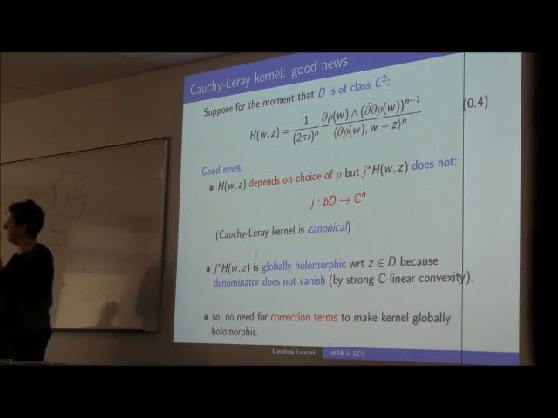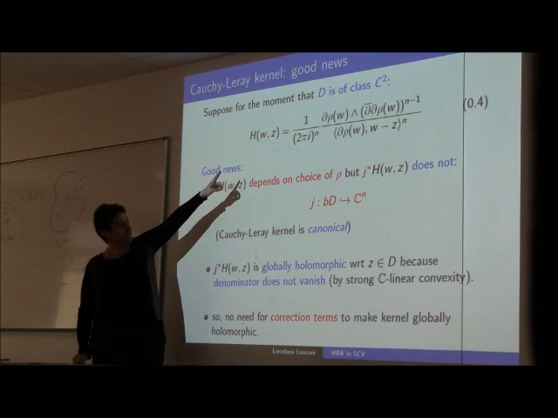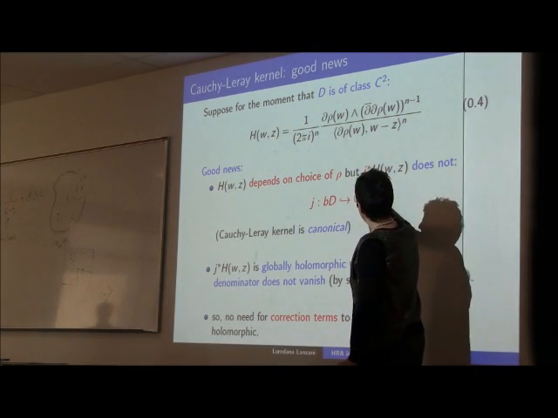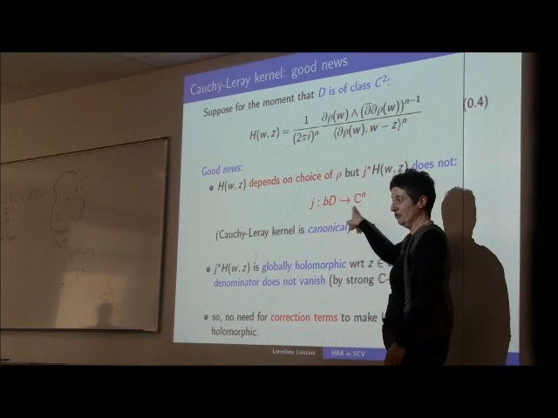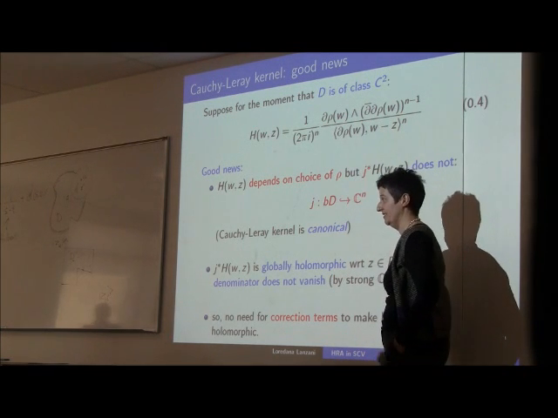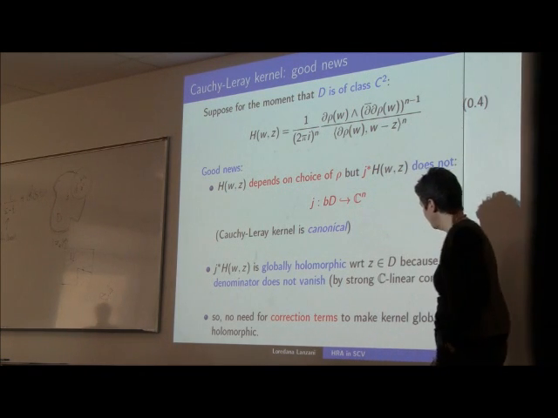In order to have something interesting, you want to have a kernel that doesn't depend on the choice of function that you're using to define it. And it turns out that whereas this whole object here does depend on the choice of rho, if you restrict it to the boundary by using the inclusion map, what you get actually does not depend on the choice of function. It's canonical. So that's good news.